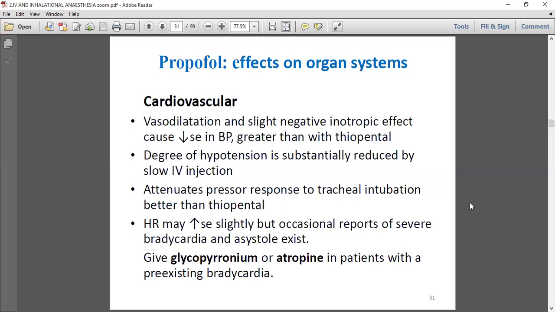So cardiovascular, it causes vasodilatation and slight negative inotropic effects, causing a decrease in blood pressure greater than with thiopentol. The degree of hypotension is substantially reduced by slow IV injection.